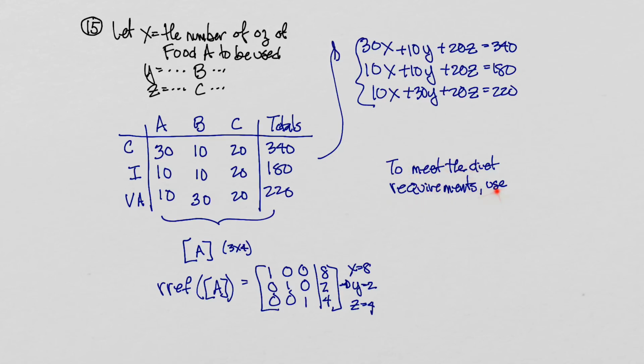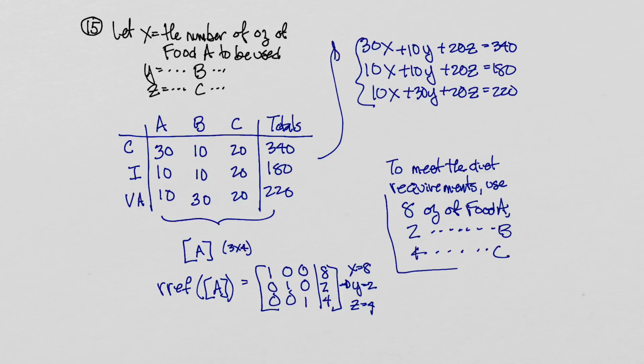To meet the diet requirements, we are going to use 8 ounces of food A. And y is 2, but follow it up: Y is the number of ounces of food B. So we're going to use 8 ounces of food A, 2 ounces of food B, and then 4 ounces of food C. And that is the solution to our problem.